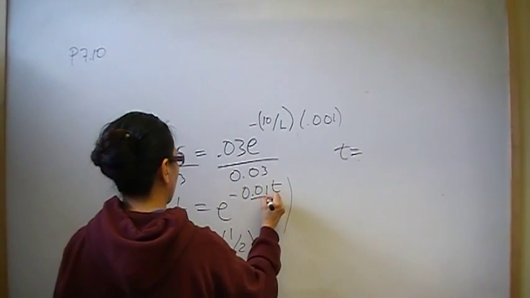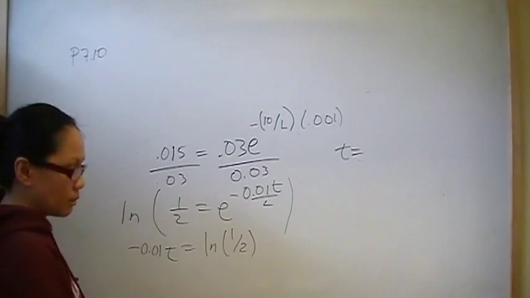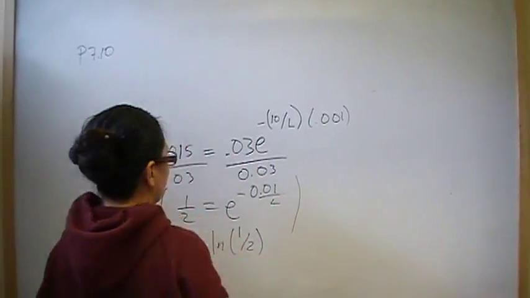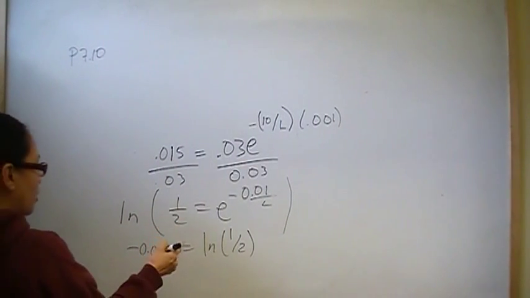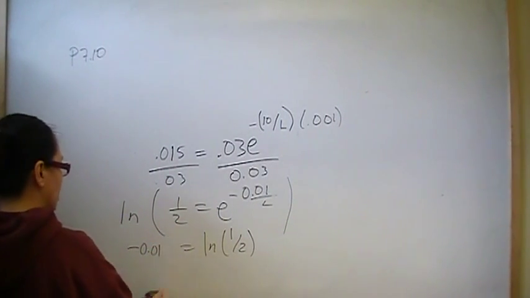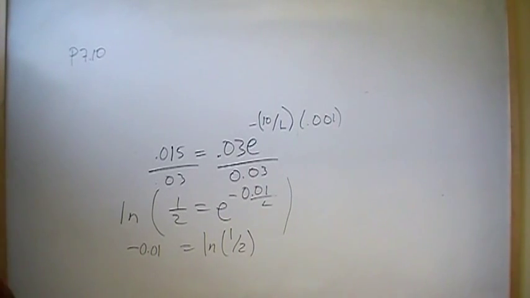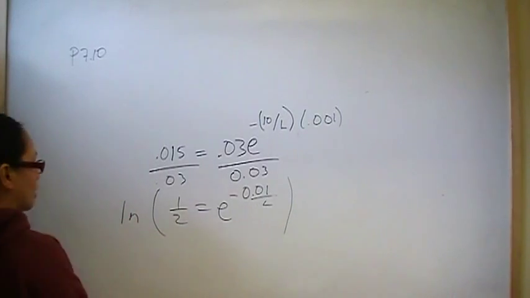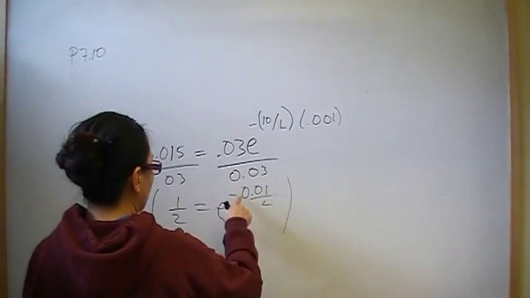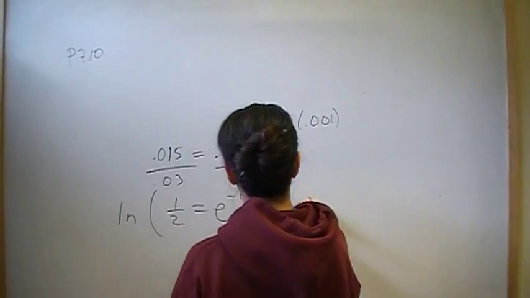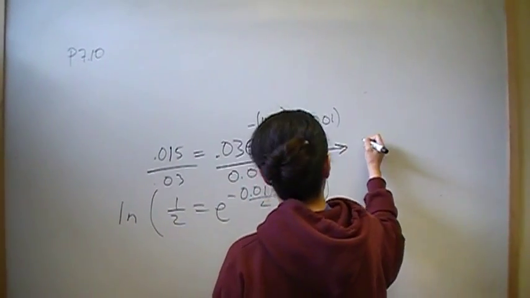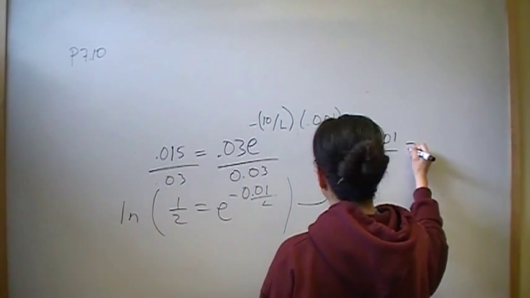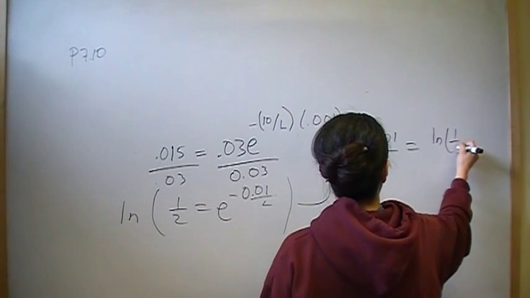So it's negative 0.01 over L is equal to the natural log of 1/2.